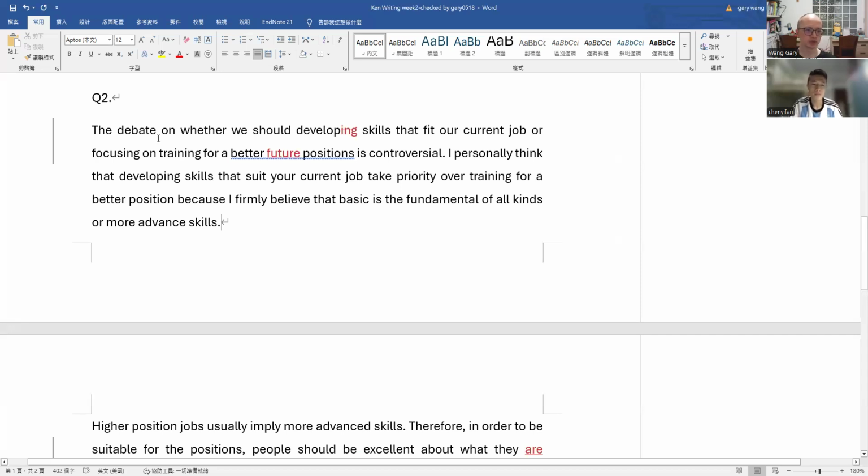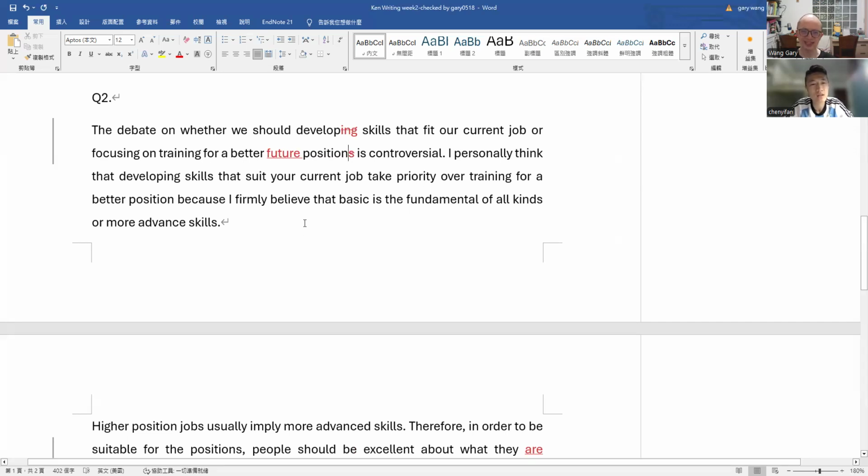The debate on whether we should develop skills that fit our current job or focus on training for better future positions is controversial. I personally think that developing skills that suit your current job takes priority over training for a better position, because I firmly believe that the basics are the foundation of all kinds of more advanced skills.